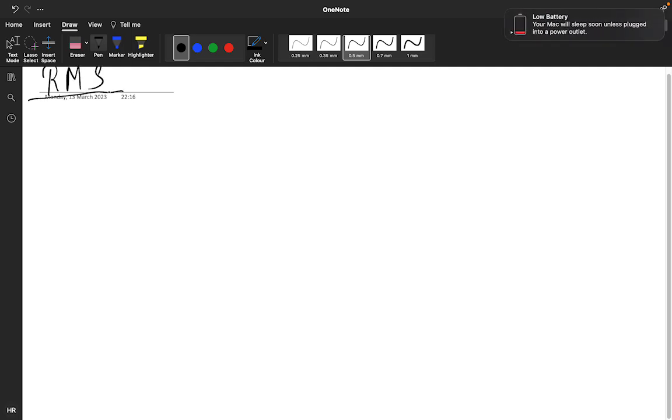RMS. What is root mean square? Can anyone tell me what is the true meaning of RMS?